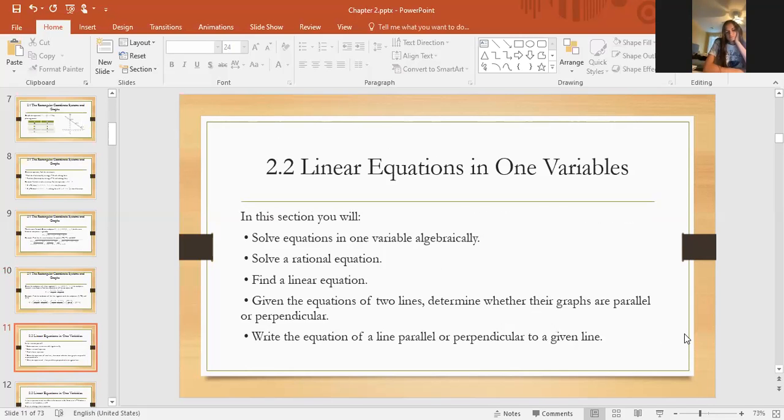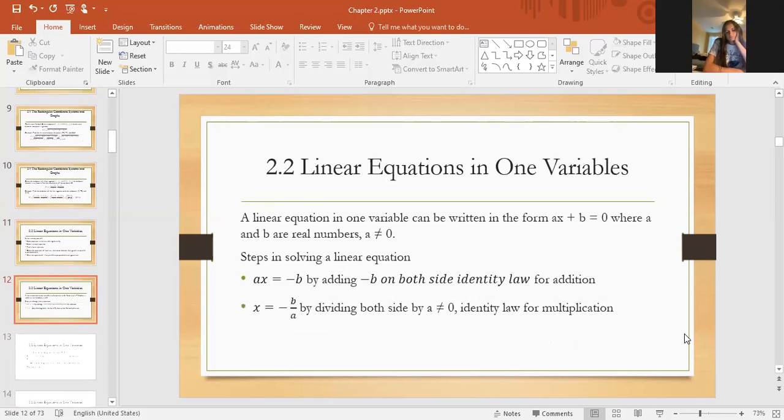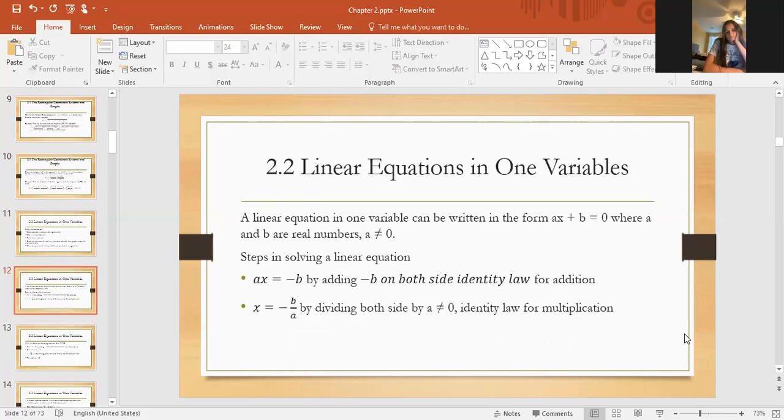2.2, linear equation in one variable. That's the example we just had for that graph, it was the example of a linear equation. So a linear equation is of the form ax plus b. That is, you have only one variable. To solve a linear equation, you will send the variable on one side and the constant on the other side.